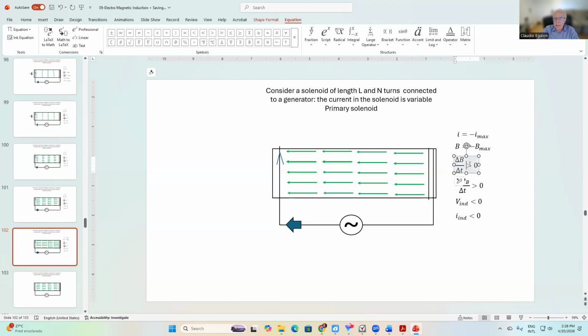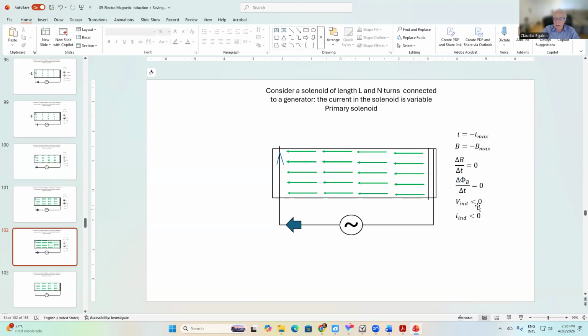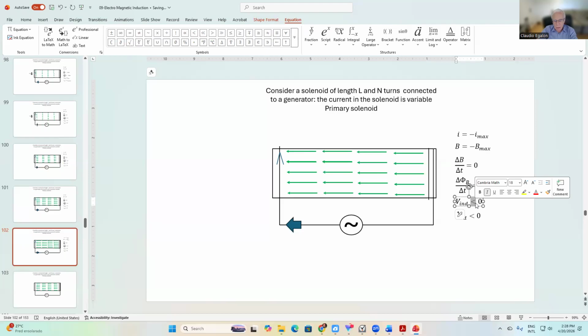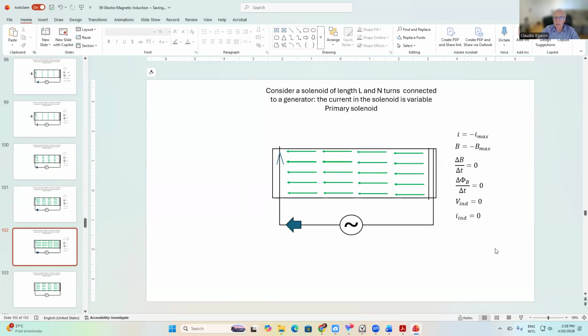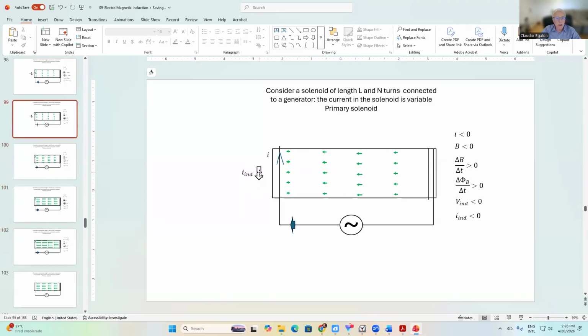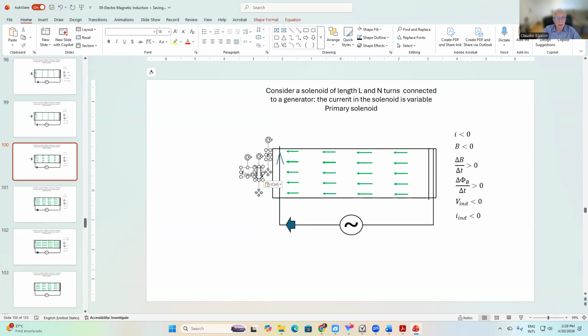At this point in time, because it reached a maximum value, delta B over delta T is 0 again. Delta phi over delta T is 0, and the induced current is 0. Okay? So I can illustrate my induced current right here.